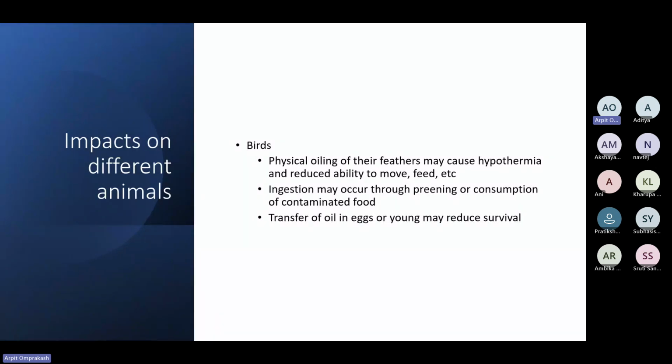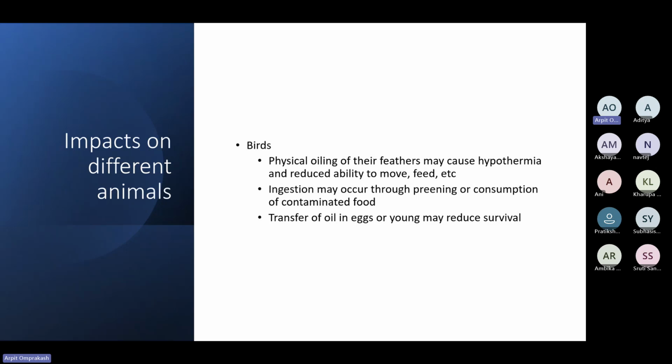Contaminated food can be fishes with high amounts of oil in them, or other life. Preening is when they clean themselves using their beak. Transfer of oil in eggs and young may reduce survival.